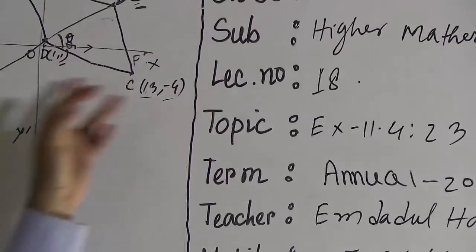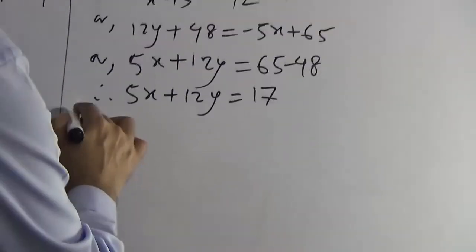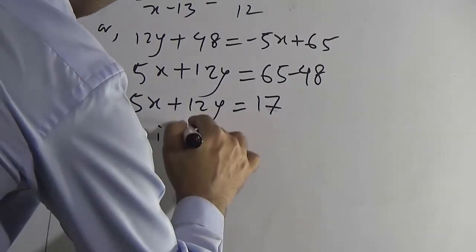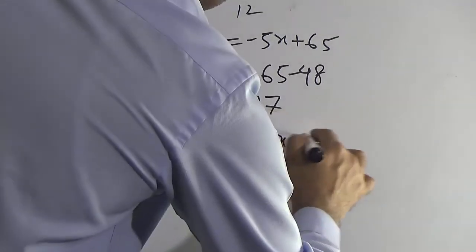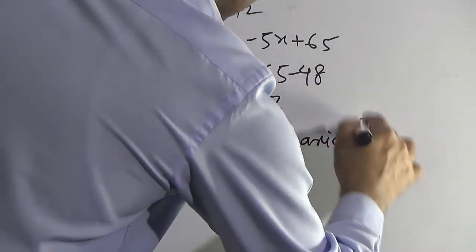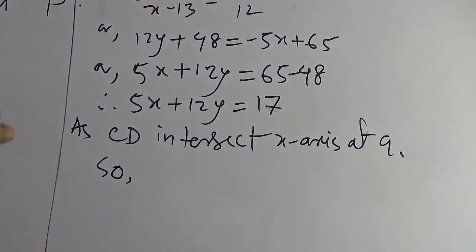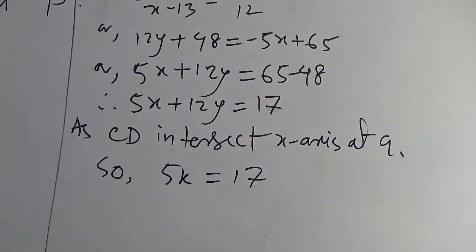This line intersects the x-axis at Q. So we can write CD intersects the x-axis at Q. So at point Q, the value of y will be 0. It means that 5x will be equal to 17.